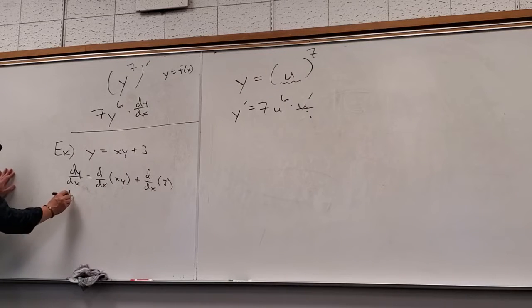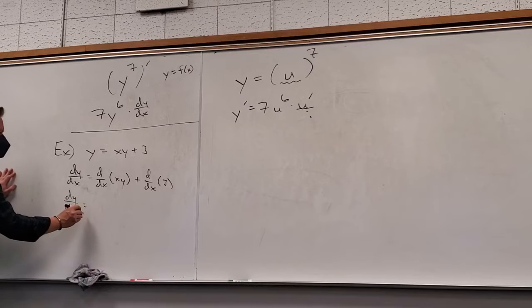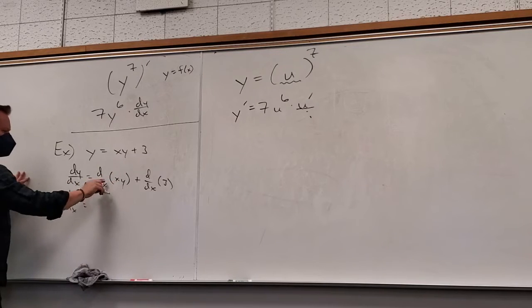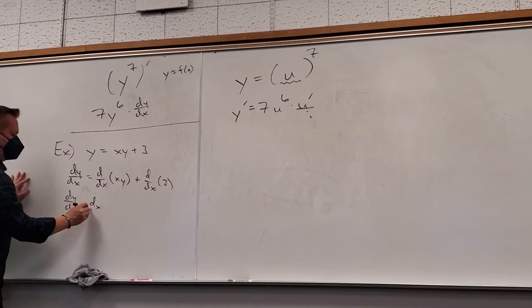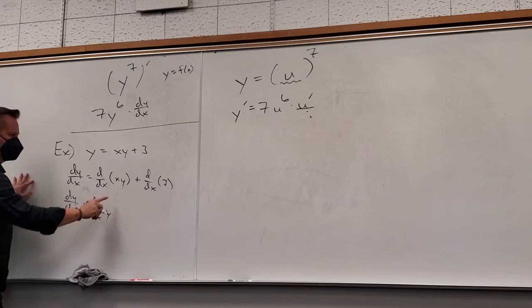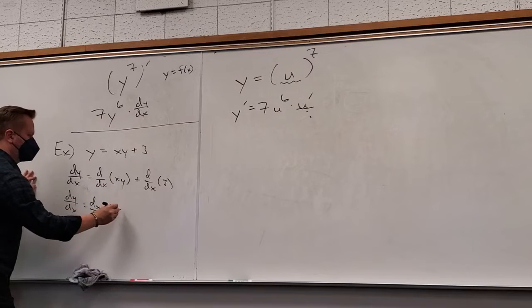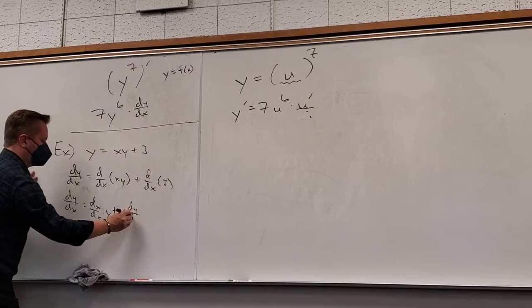So this is dy dx equals, how do I do this? What rule has to happen here? Product rule. So there'll be dx times y, the derivative of the first times the second, plus the first times the derivative of the second.